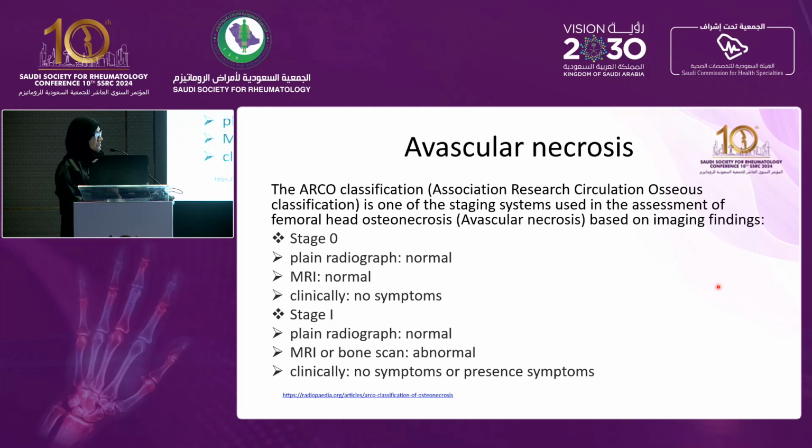Stage 0: the plain X-ray is normal, but the MRI will be abnormal, and usually there are no symptoms. Stage 1: the plain X-ray is normal, MRI is abnormal, and clinically there are mild symptoms or no symptoms.